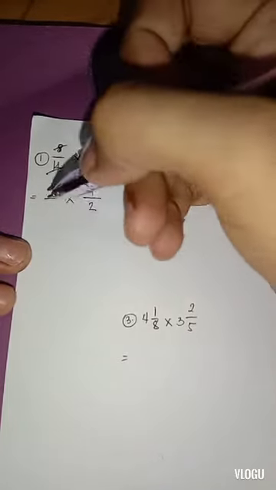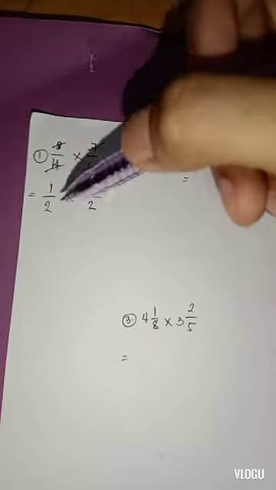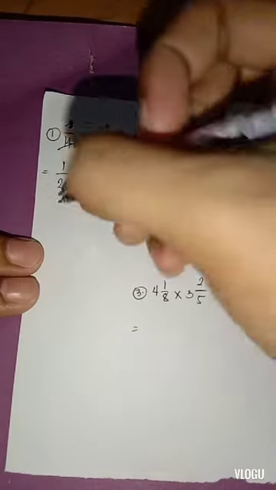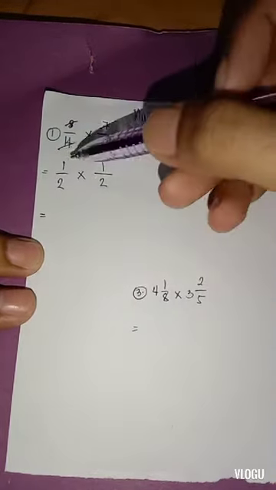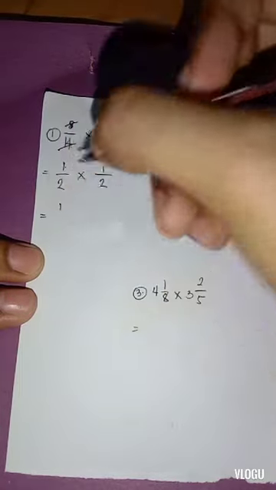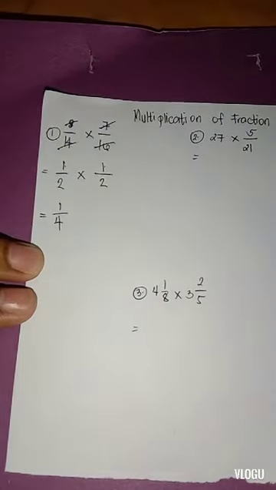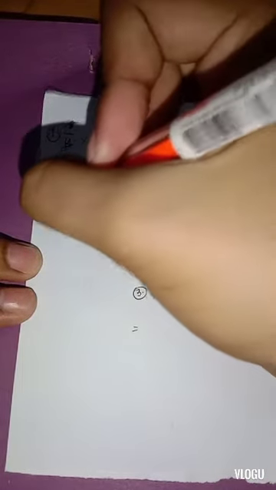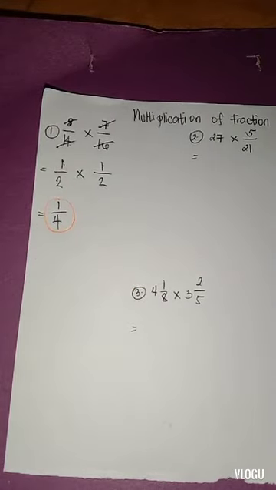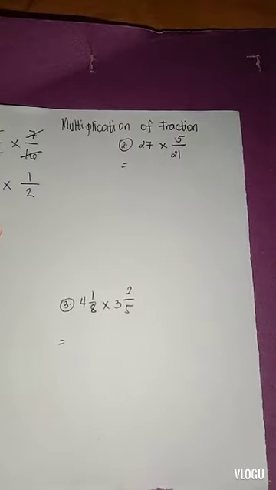And 14 divides 7 is equals to 2. So, therefore, 1/2 times 1/2. So, if i-multiply natin ito, therefore, so 1 times 1 is equals to 1. And 2 times 2 is equals to 4. So, therefore, our final answer here is 1/4. Okay. So, next proceed to the next example.